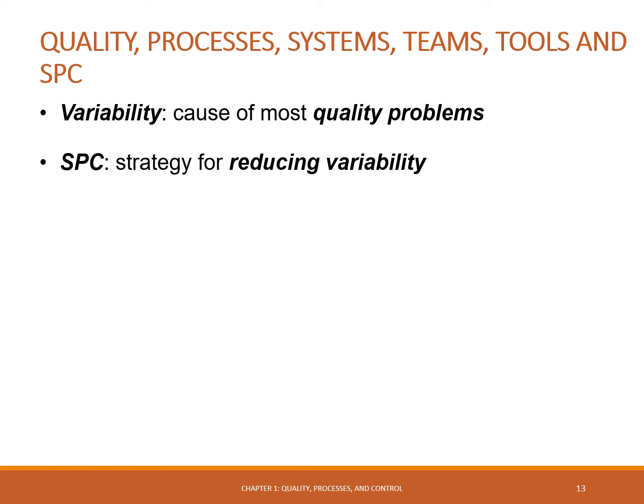It's a strategy for reducing variability in the process. And the best way to understand, quantify, and reduce variability is by using some of the statistical tools available. And please don't panic if you are not an expert in statistics. I'm not either, and all the content covered in this course will require only basic knowledge in statistics. You can trust me.